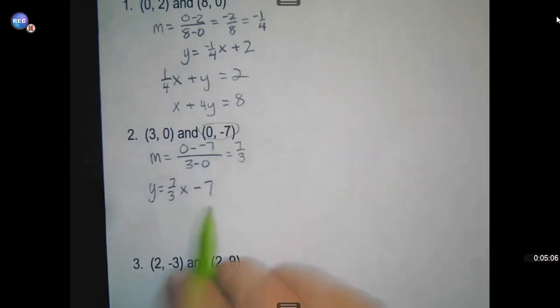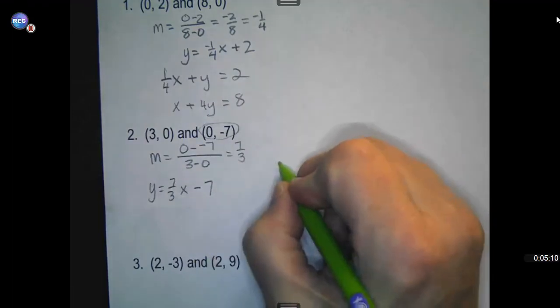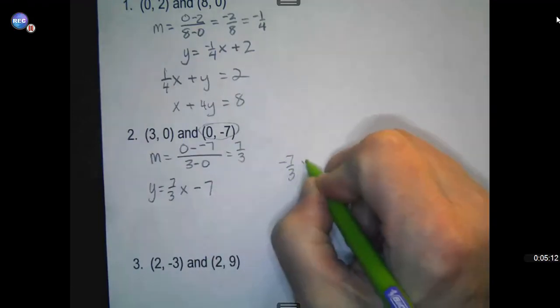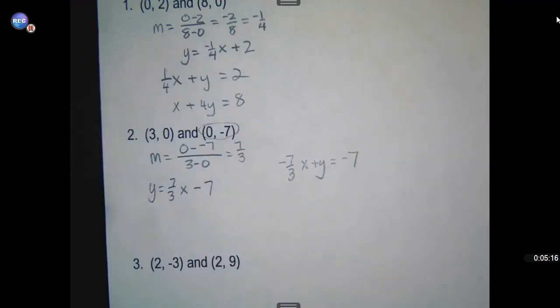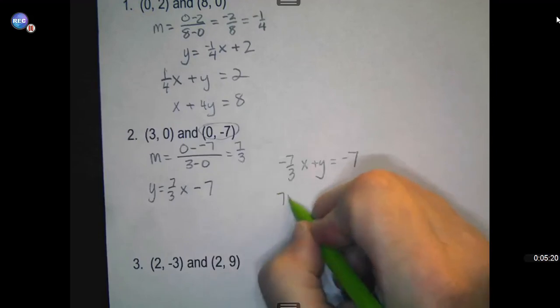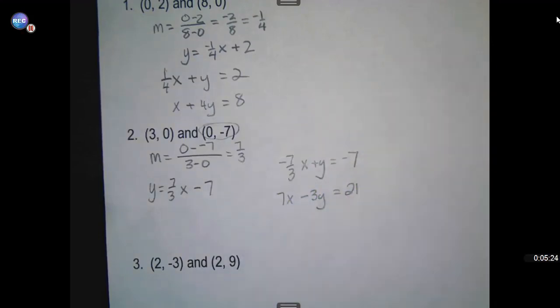So we know that's -7 out there. And then I'm going to move -7/3 x plus y equals -7. And I'm going to multiply everything by -3, giving me 7x minus 3y equals 21.